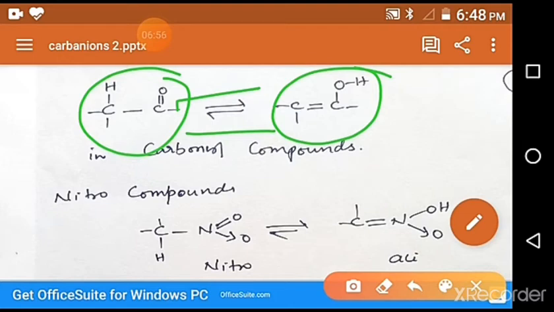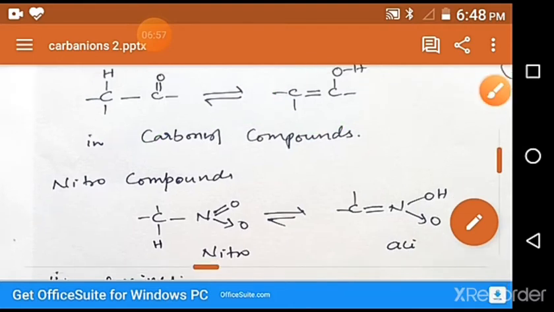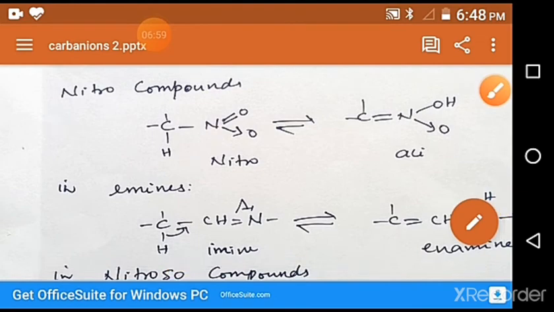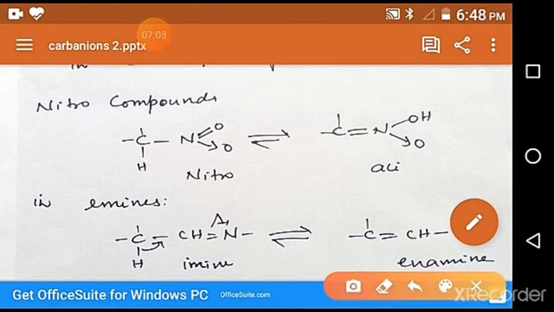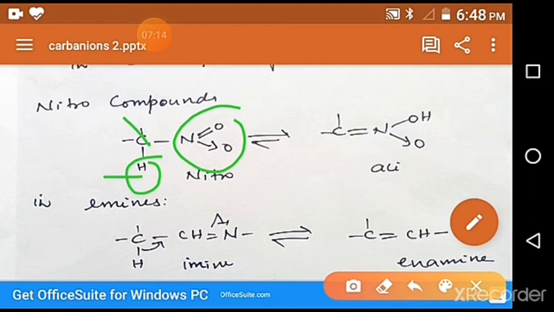We'll see nitro compounds. Nitro compounds also exhibit this type of tautomerism. Not all compounds, only nitro compounds which possess alpha hydrogens. This is a nitro group, this is the alpha carbon, this is the alpha hydrogen. So alpha hydrogen containing nitro compounds also exist in two forms.